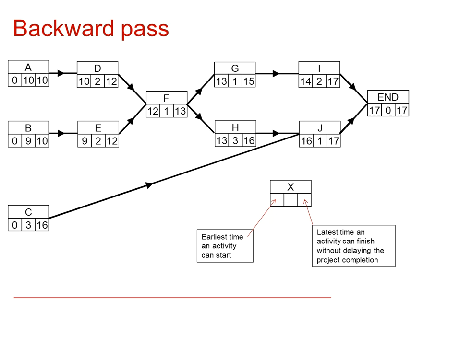So just going through that again, the boxes, the left hand one is the earliest time an activity can start, and the right hand one is the latest time that it can finish.